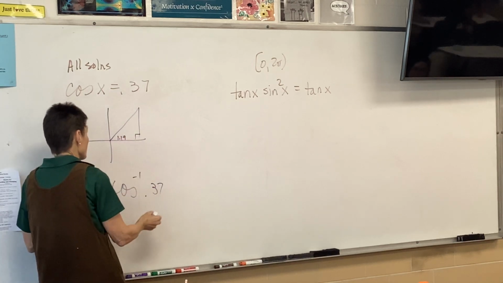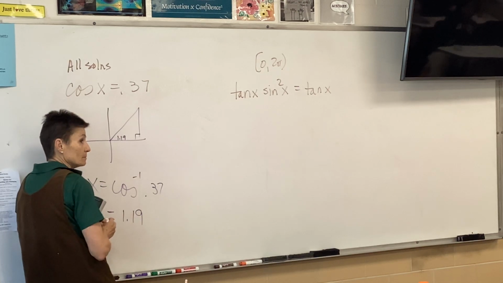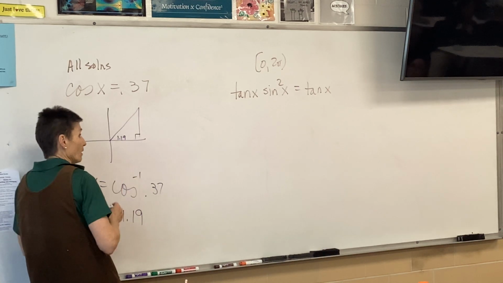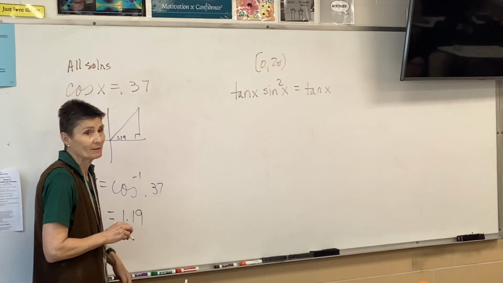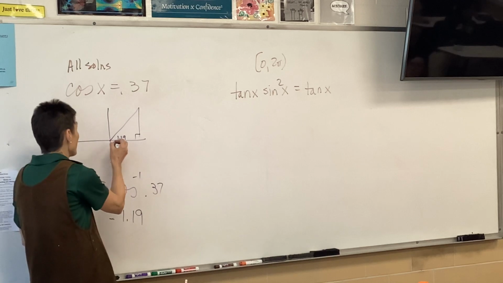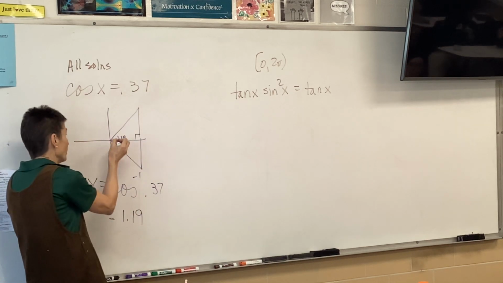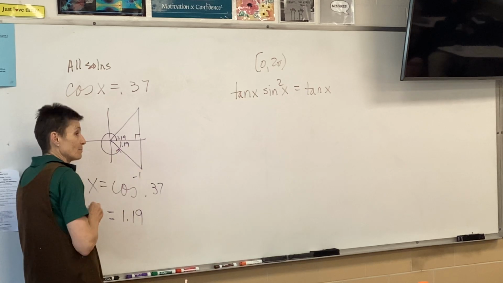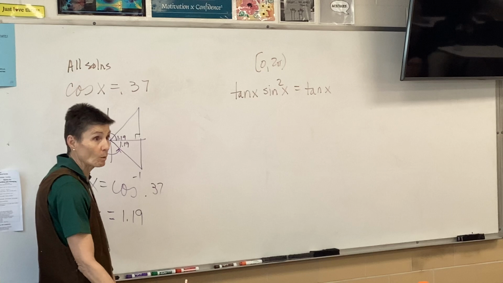1.19 certainly is one of the answers. No question about that. But where else could the cosine be positive 0.37? Quadrant 4. That's still a 1.19 angle, but decimally it will be 2 pi minus 1.19.